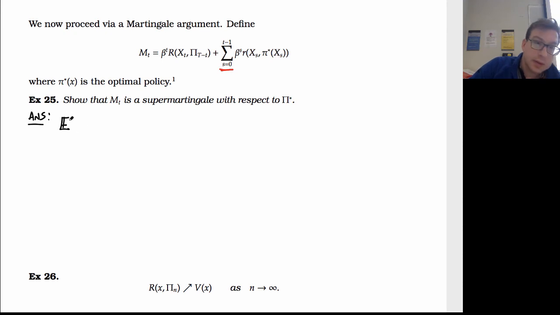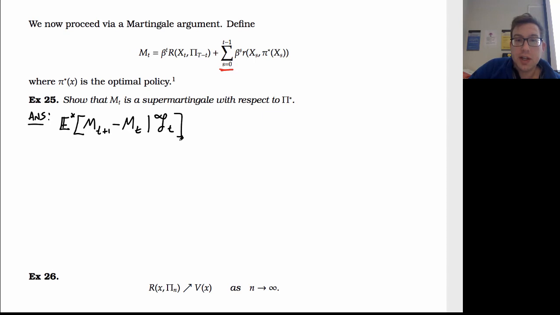I'm going to take the expectation of the difference of these two terms, the t plus 1 term and the t-th term, and then condition on the filtration of the optimal policy taken at time t.